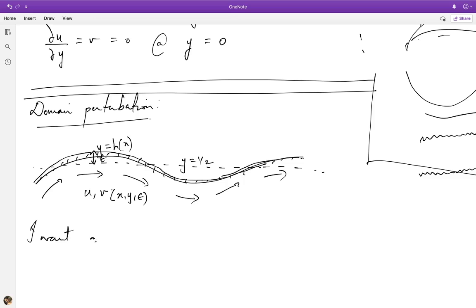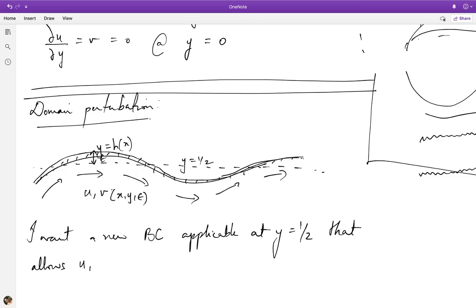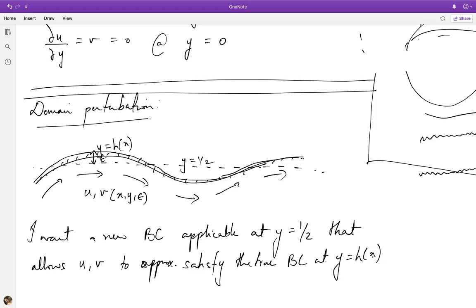I want a new boundary condition applicable at y equal to half that allows u and v to approximately satisfy the true boundary conditions at y equal to h of x.